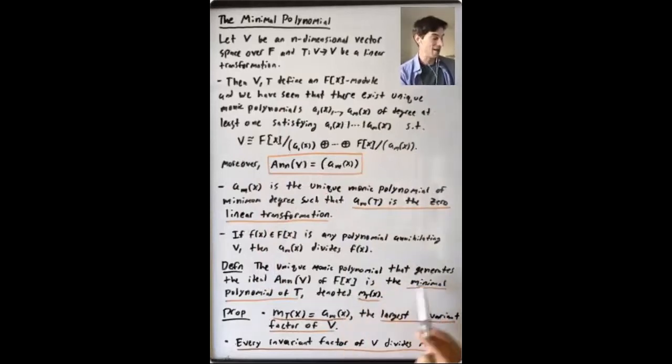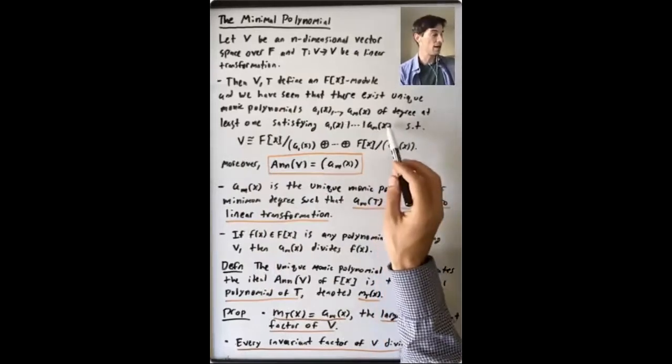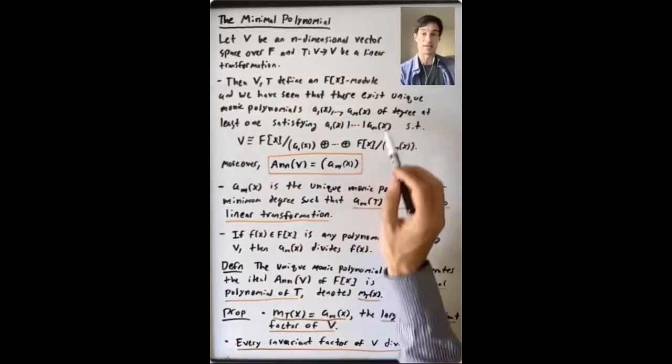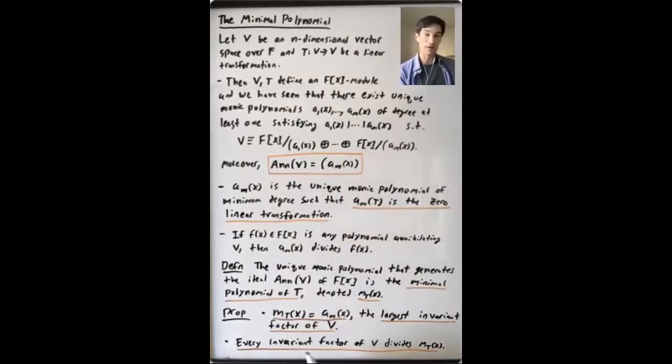It's just that we haven't defined this before. So we get the definition and then a result that says what the minimal polynomial is. All right, so because we know that the other invariant factors all divide this largest one, we know that every invariant factor of V divides the minimal polynomial of this linear transformation T.